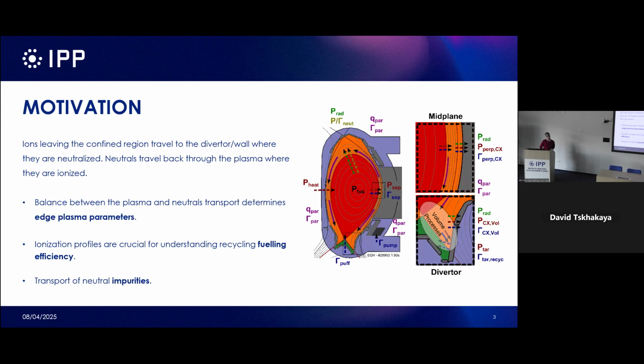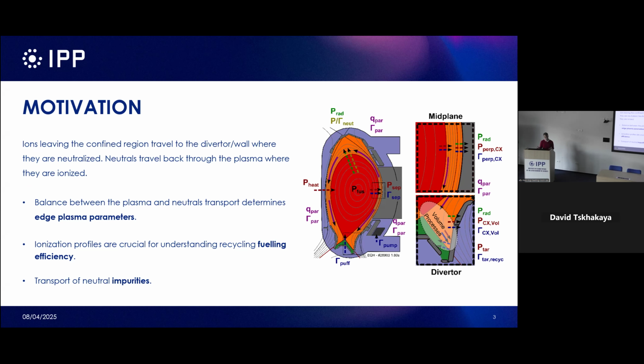So, just some motivation about why we even care about neutrals at all. In a tokamak or some fusion experiment, the plasma, or the ions, leave the confined region. They travel through the scrape-off layer quickly along magnetic field lines, and they impact the wall or the divertor, where they are neutralized.